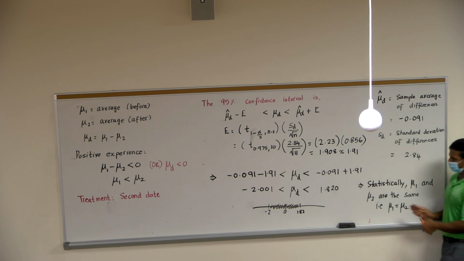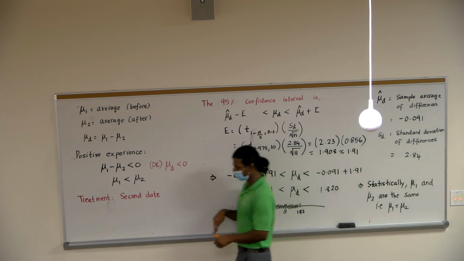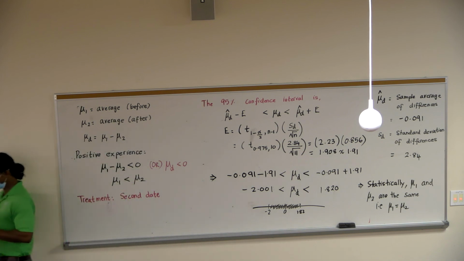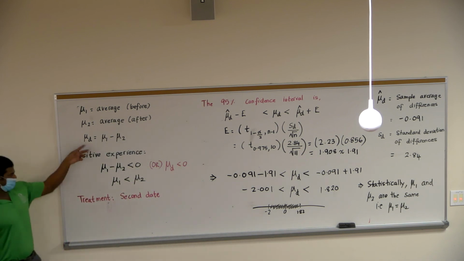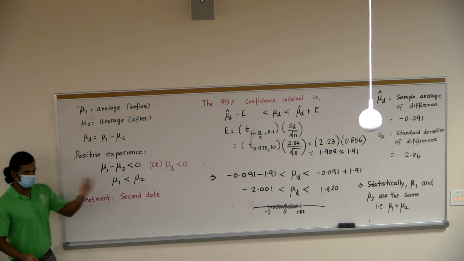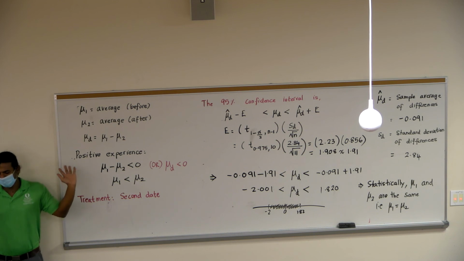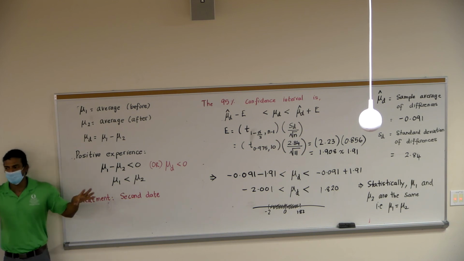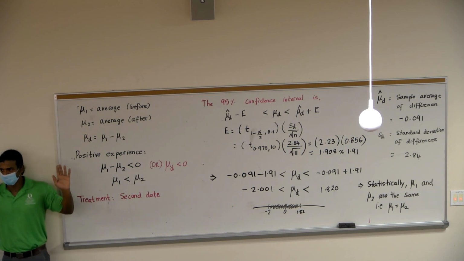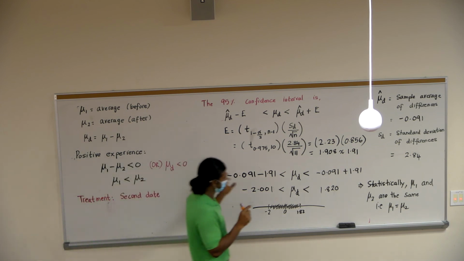Because from a statistical standpoint, the difference 0 is possible, so the difference could equal 0. If the difference is 0, then mu1 and mu2 are the same. So there isn't any difference before and after the second date as far as FTC students' dating experiences are concerned. Does that make sense? In a statistical standpoint.